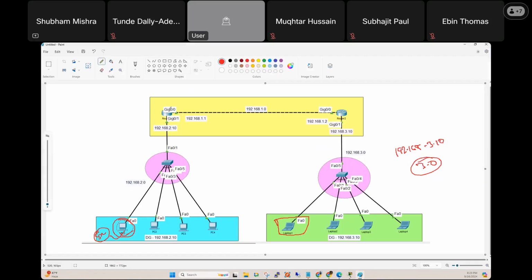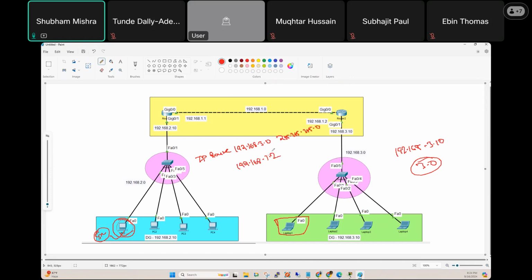See here, on this router, I am configuring ip route. And here I am writing the network information, network ID 192.168.3.0. Then I am writing the subnet mask 255.255.255.0. Then I am writing the next hop, that is 192.168.1.2.